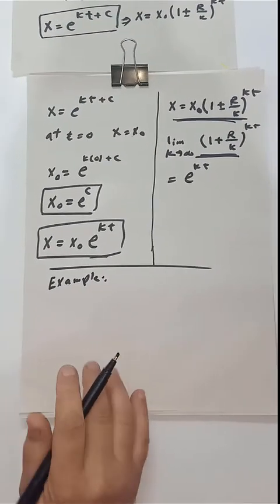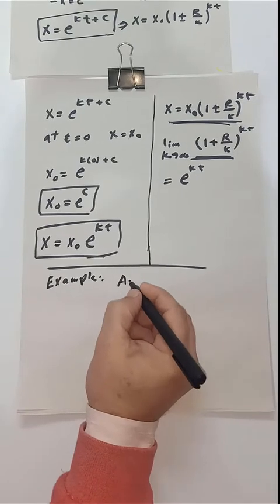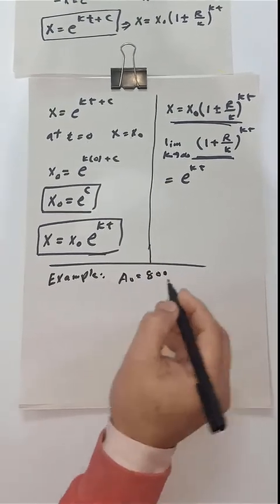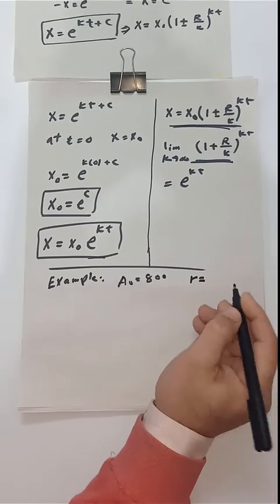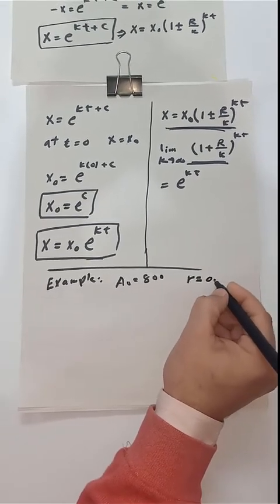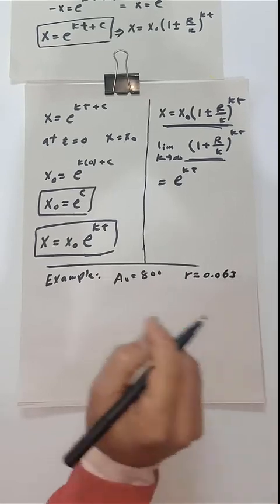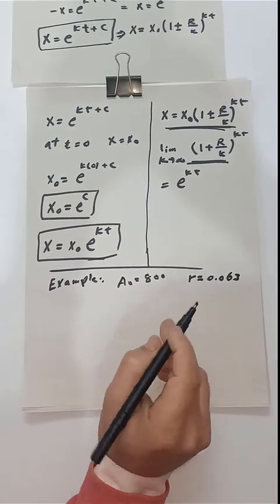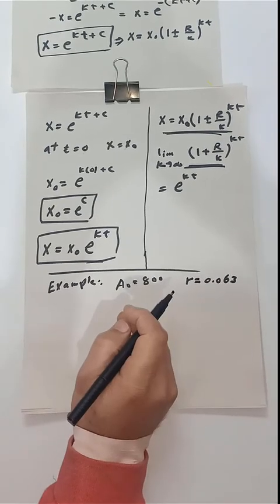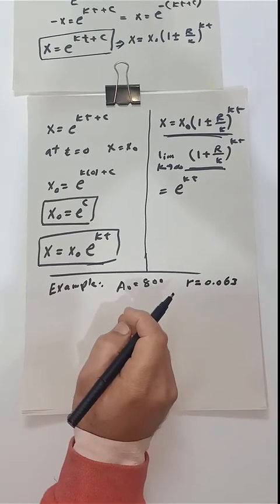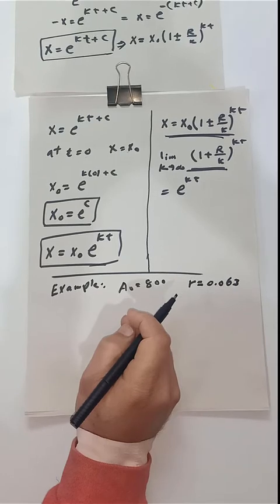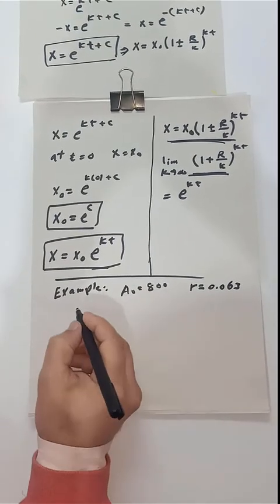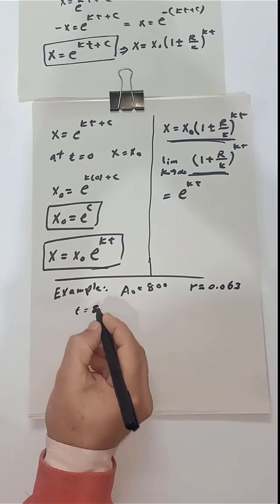In this example, x dot equals $800, r equals 0.063, 6.3%. The amount in the account to the nearest cent after 8 years, t equals 8 years.